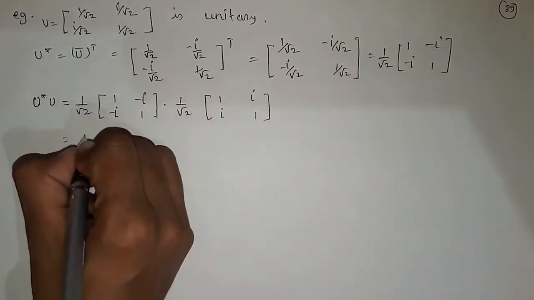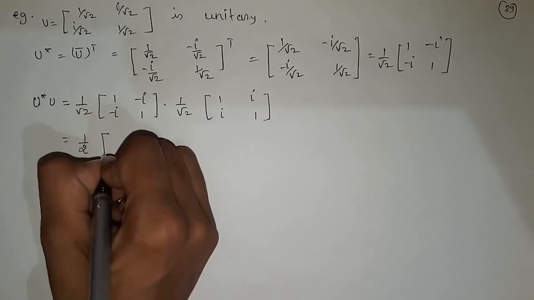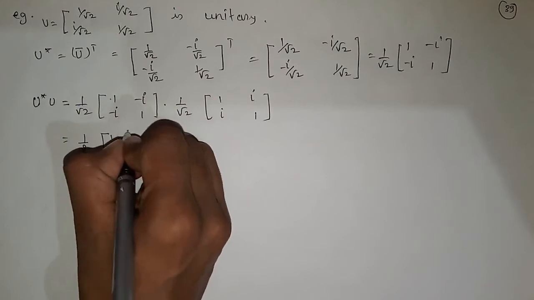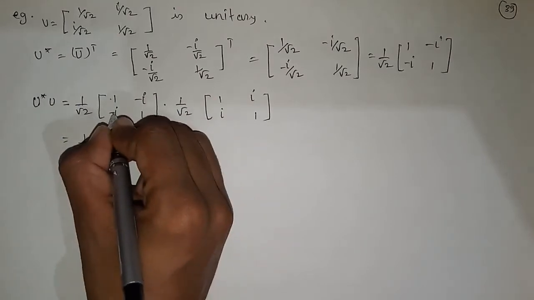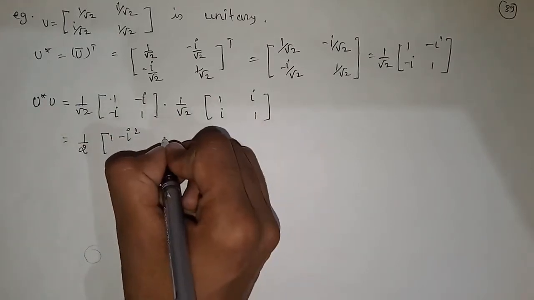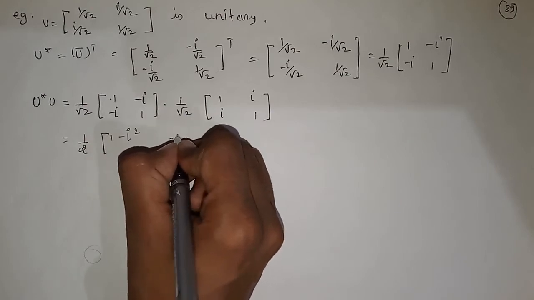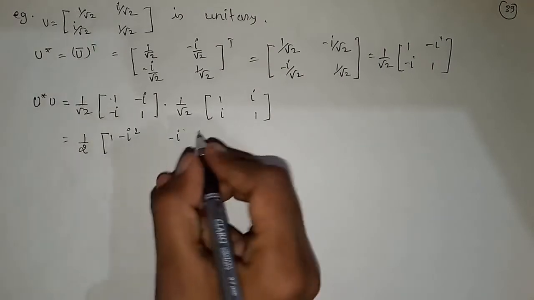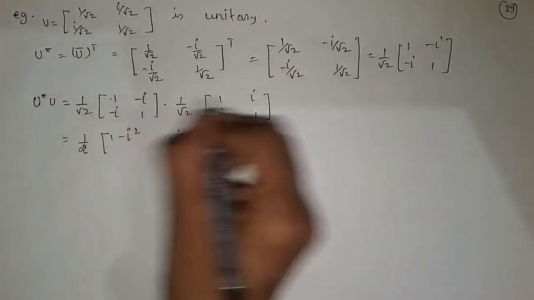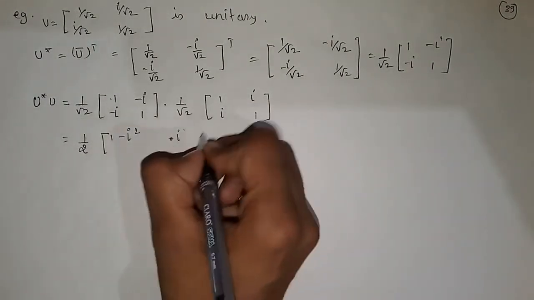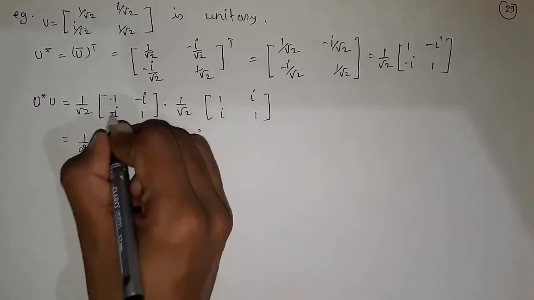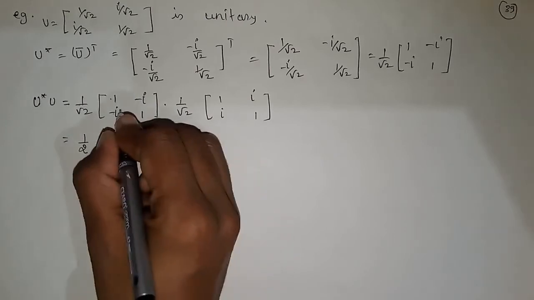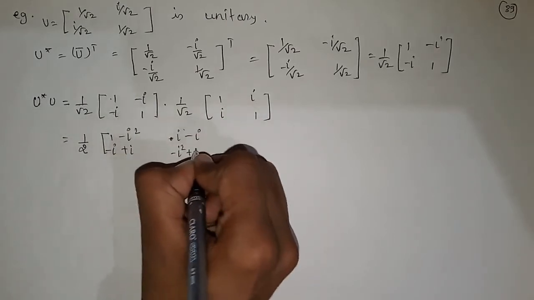On multiplying this we are getting this as 1 upon 2. This is 1 into 1 minus i into i, minus i square. Now again minus i and 1, so minus i, and 1 into i and 1 into minus i, minus i into i plus 1, so minus i square plus 1.